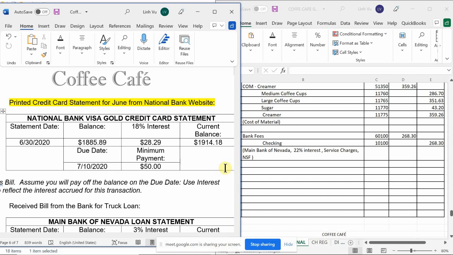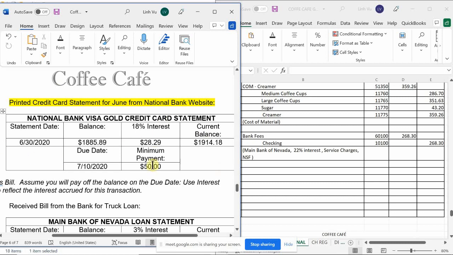We have a balance of $1,885.89. We have 18% interest for the month, which gave us a total of $28.29. And so our current total balance is $1,914.18.